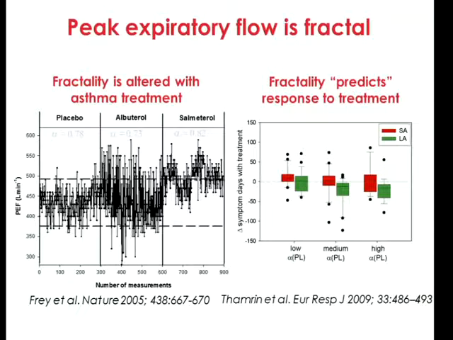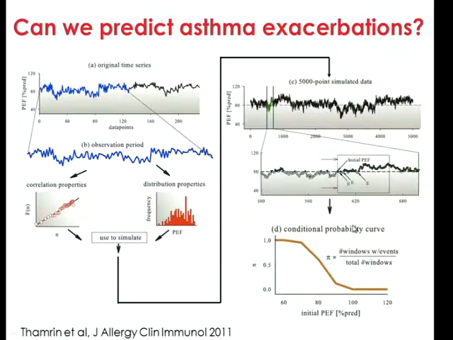Prediction is almost like a holy grail in medicine, as you can imagine. If you can predict how someone is going to behave, then you can intervene ahead of time to try and stem whatever it is that's going to cause them to go badly.